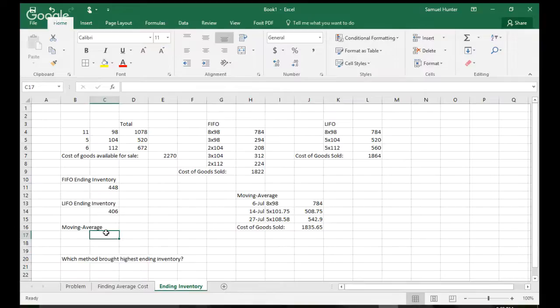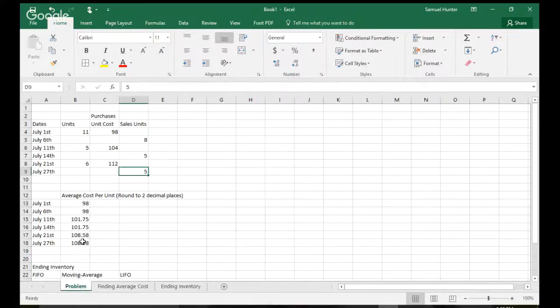Now, to find the moving average. The first sale that we made, we sold 8 at $98 per unit on July 6th, so that was $784 total cost of goods sold. On the 14th, we sold 5 more, and the average was 101.75.